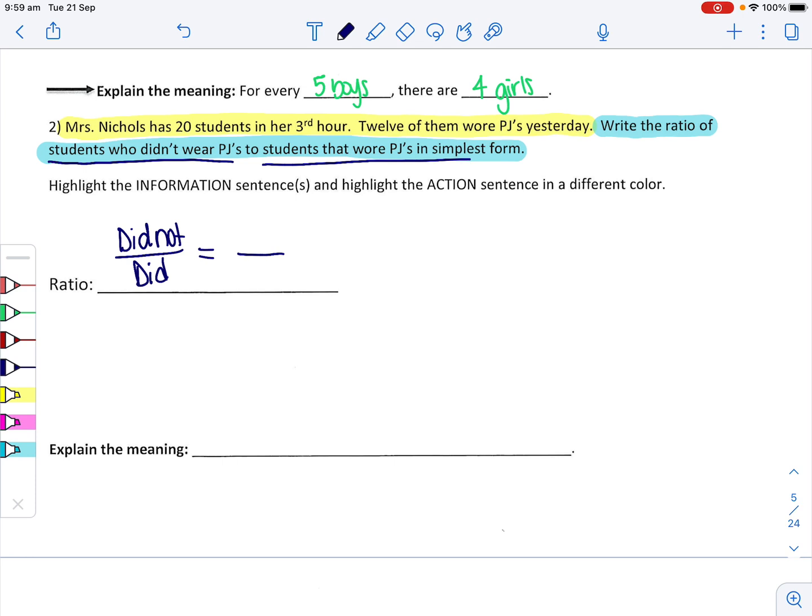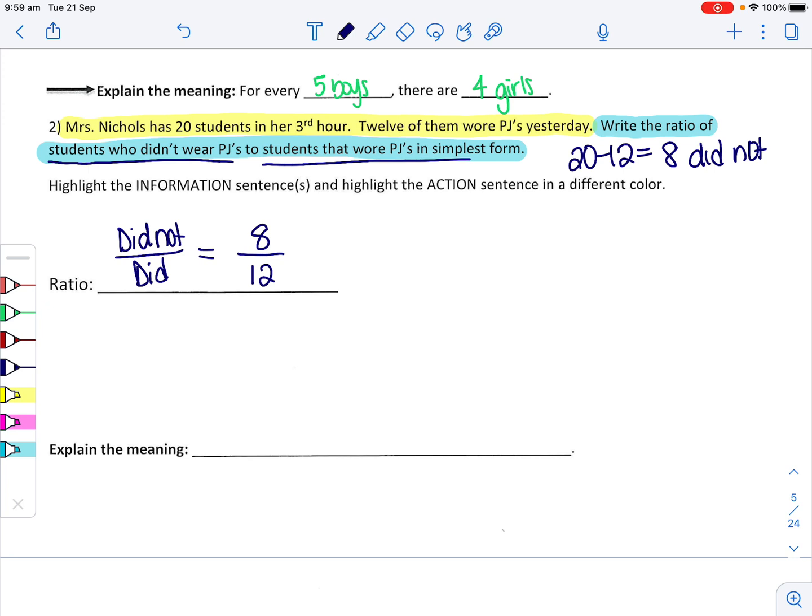So 12 of them wore pajamas. But then it tells me that I had 20 students in math class. So Mrs. Nichols has 20 students, so I have to figure out how many of them did not wear pajamas. So 20 minus 12 is equal to 8 did not wear pajamas. So 8 is going to go on top of this fraction.